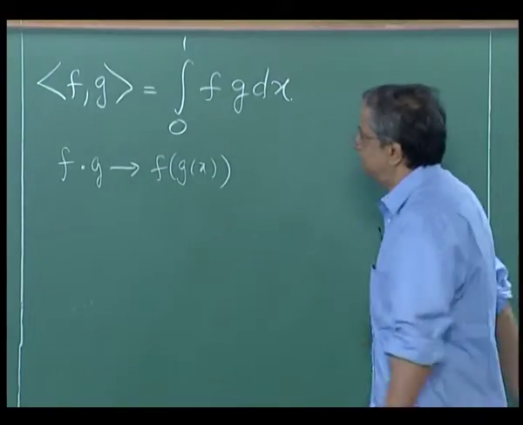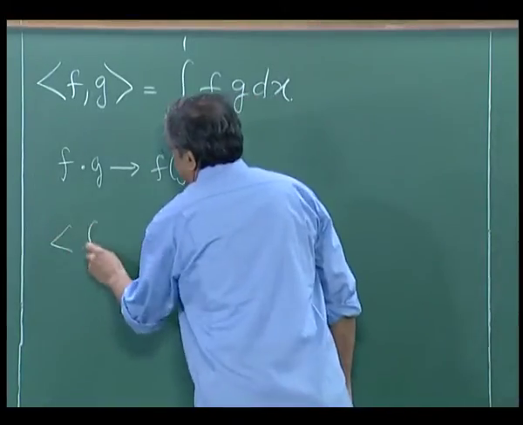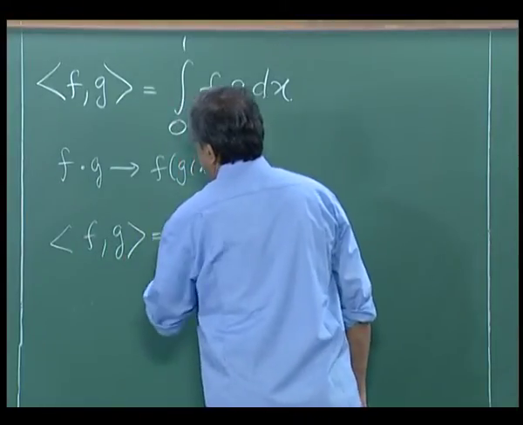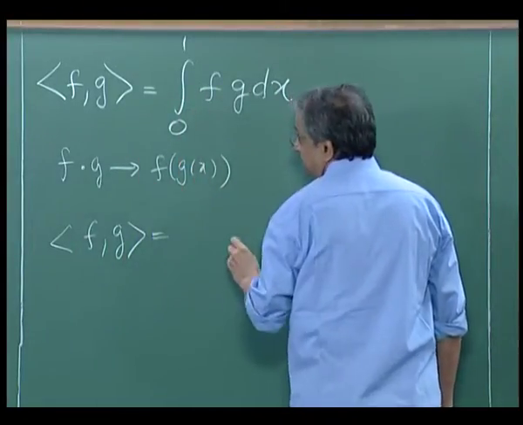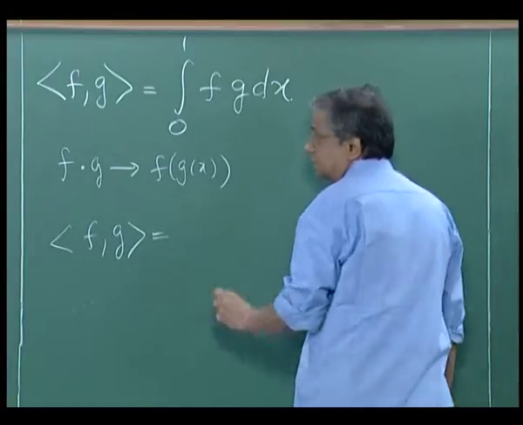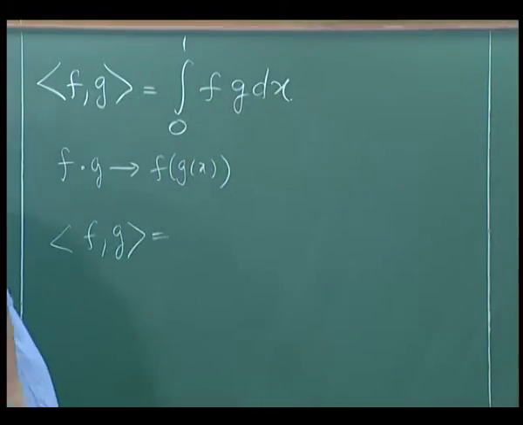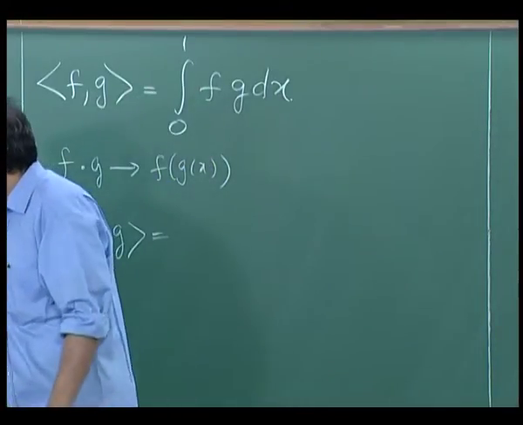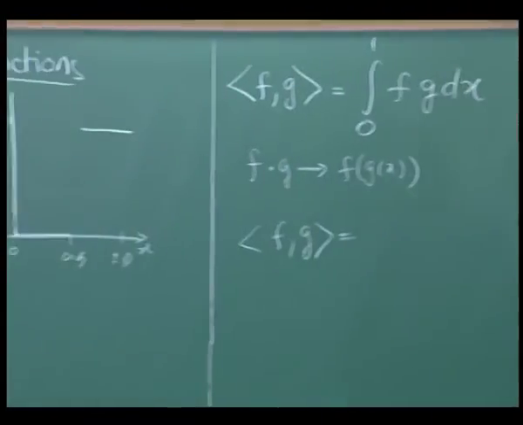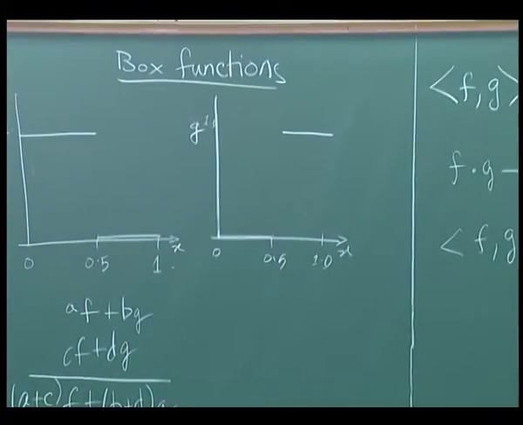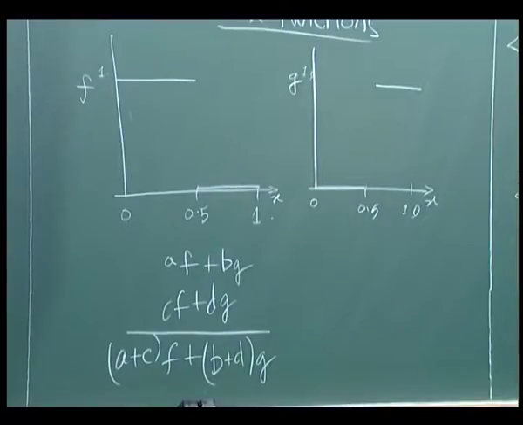So what is f dot g? F dot g is this integral, and as it turns out, because these regions are non-overlapping, this dot product in fact turns out to be 0. You can work out that integral and check that the dot product in fact turns out to be 0.